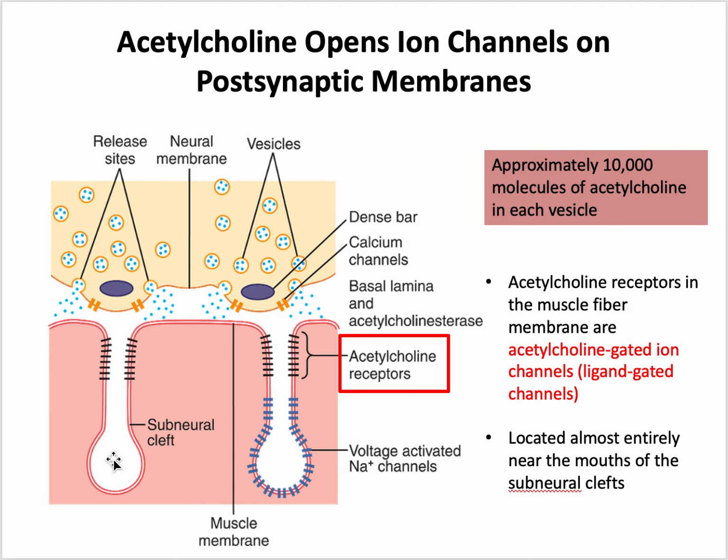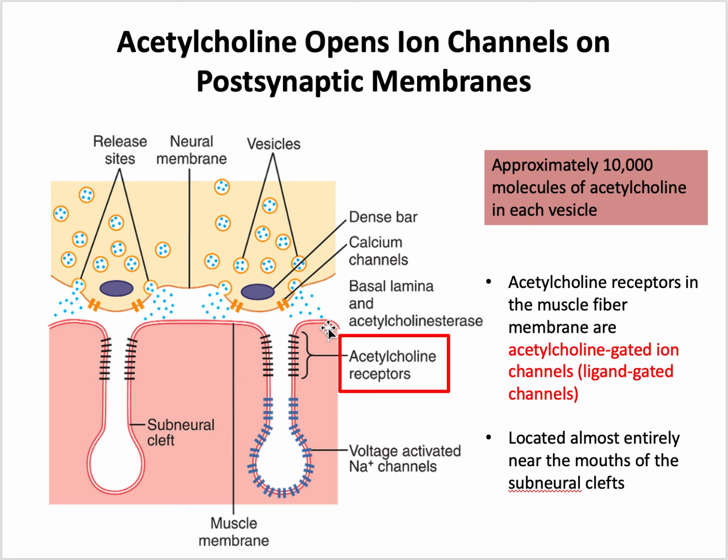All right, so this again reorients you. I know up here this is my axon terminal because I see all these synaptic vesicles containing the neurotransmitter acetylcholine. This is my motor end plate because I see all of these invaginations of the plasma membrane.